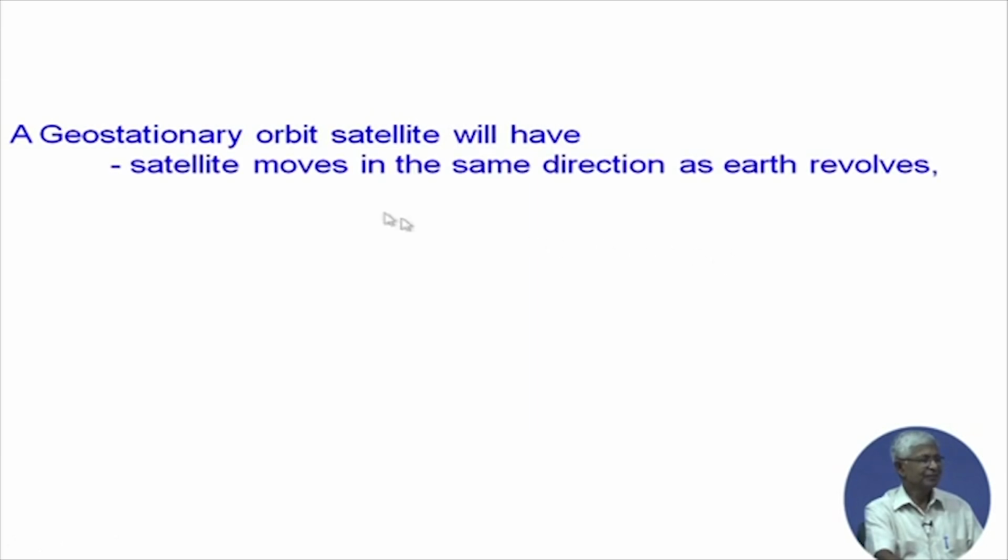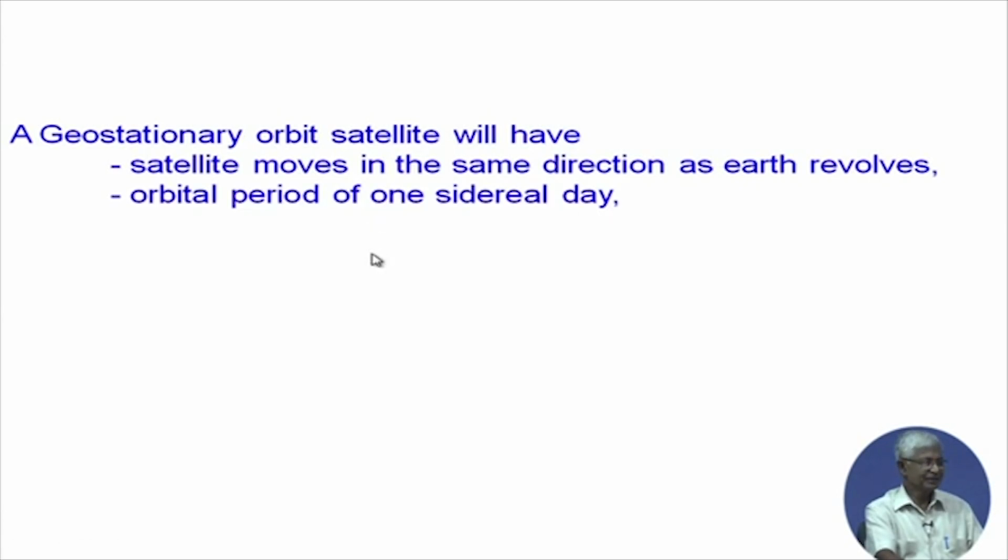Welcome again. Let us try to recollect where we last time stopped. We were talking about geostationary orbit of a satellite. By definition, a geostationary orbit of a satellite will have the satellite moving in the same direction as the earth revolves, with an orbital period of one sidereal day.